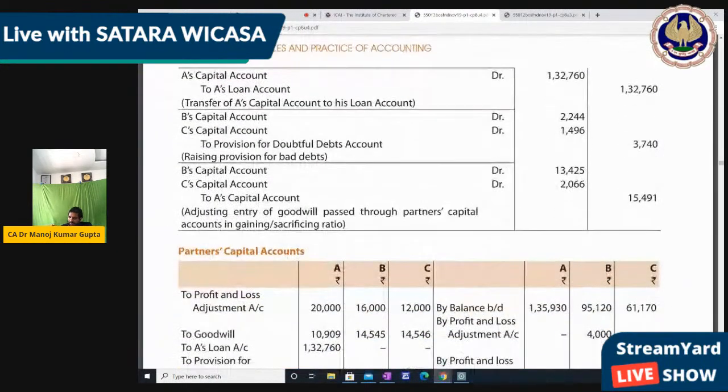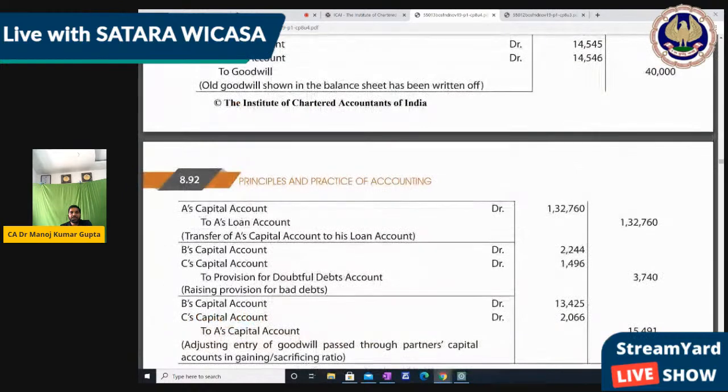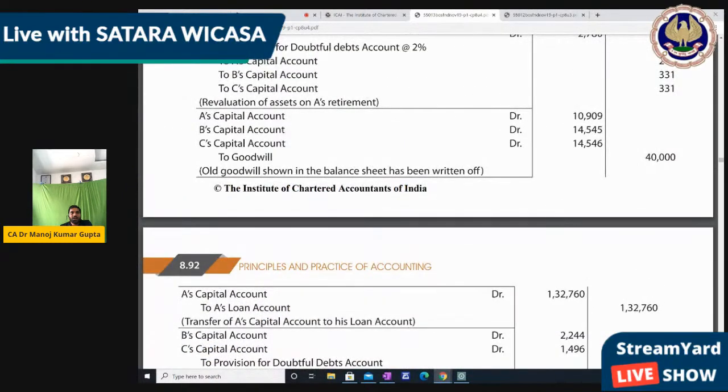Maybe they did it in some special way, because what we did for goodwill was we calculated the extra goodwill, right? Or the previous goodwill, in which ratio did they write it off? The 40,000, in which ratio did they write it off? If they had written it off in the previous ratio, that is 4:3:1, then their answer may be different. I repeat, the 40,000, if they had written it off in the previous ratio, what is it? It is given in the question itself.